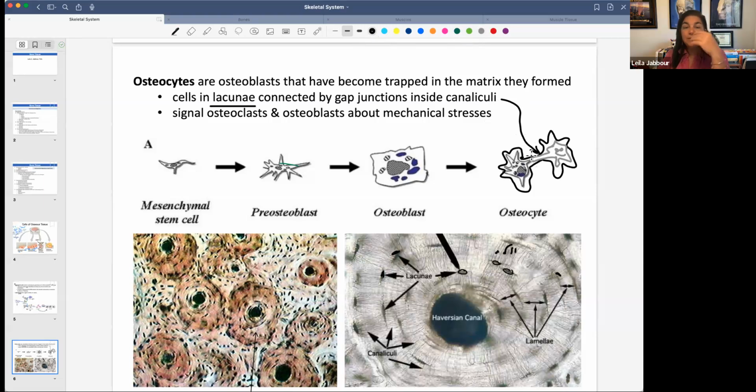And the canaliculus is the bony tunnel that connects to lacunae, which are the bony caves where the cells are sitting inside. So the cells are inside, and they send this long projection to basically communicate with the cells next door that are also trapped in their own cave. So imagine you are in a very, very tight room, and there's only a hole in the wall with a long shaft.